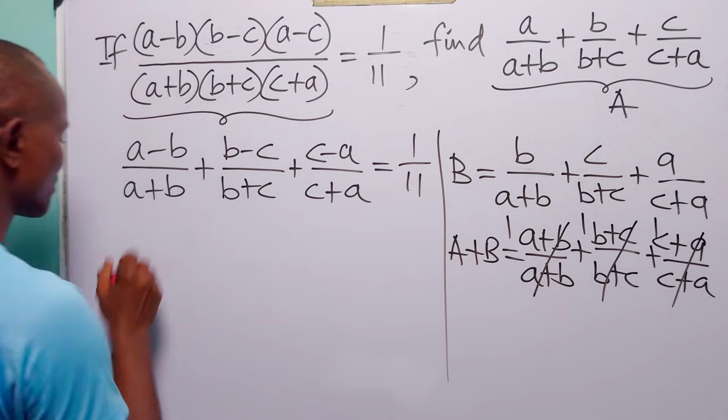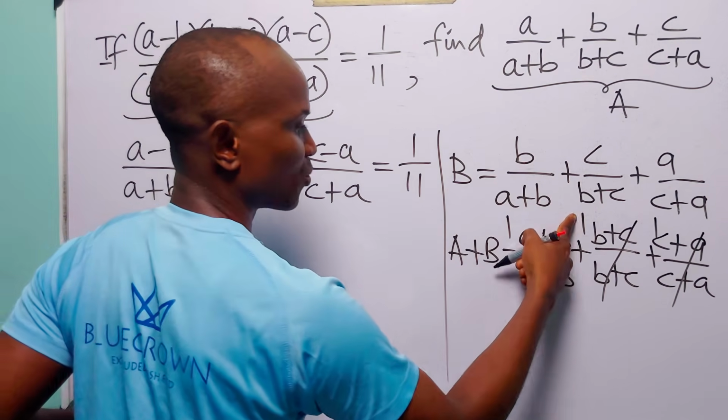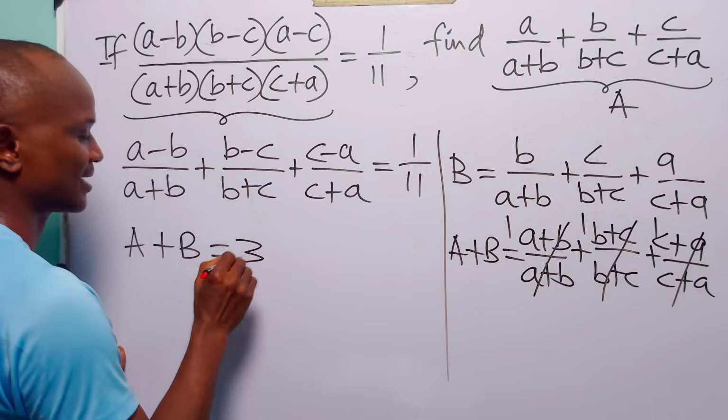So we have that A plus B is equal to 1 plus 1 plus 1, which is 3.